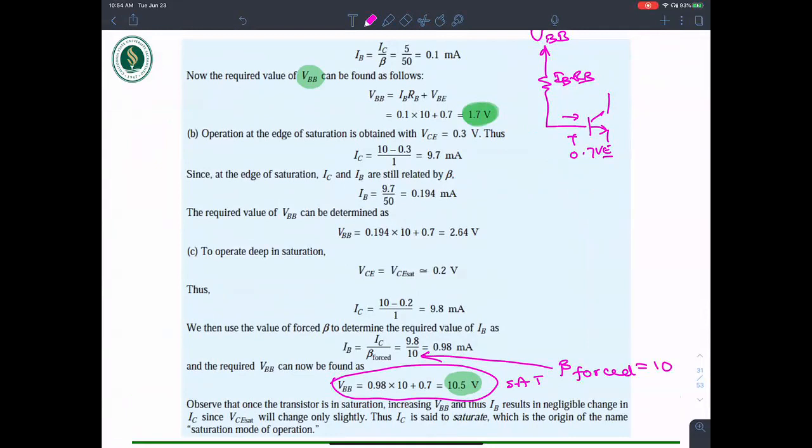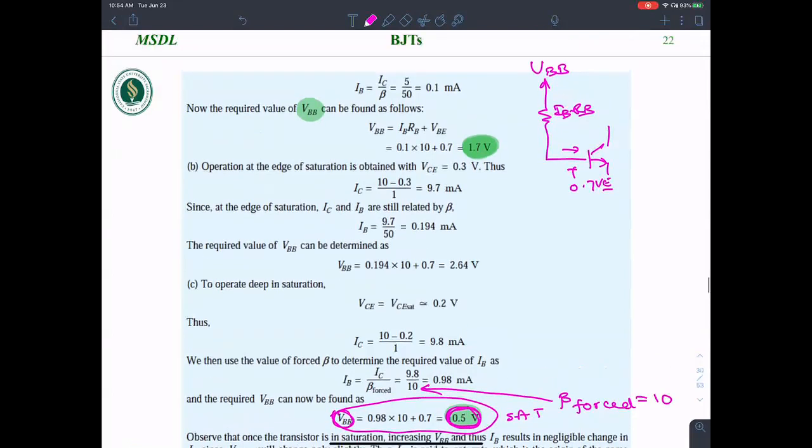By using a smaller value of beta forced, you get a VBB value of 10.5 volts that you need to apply.